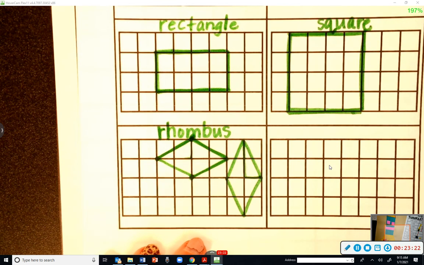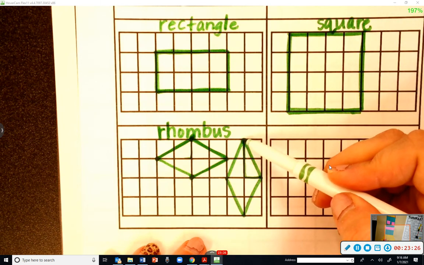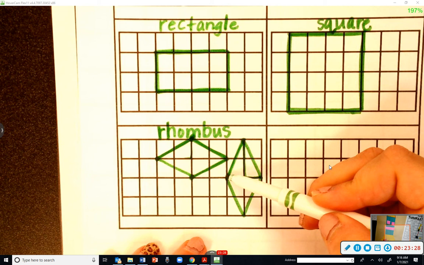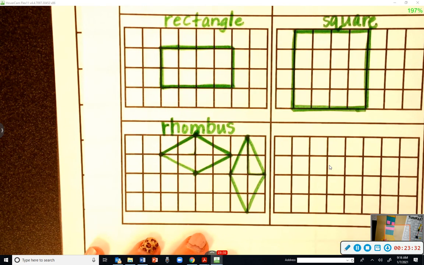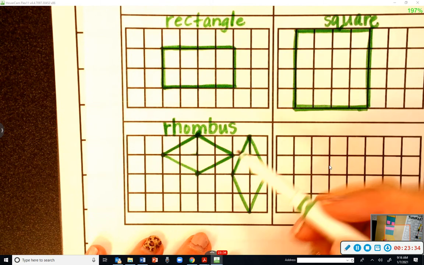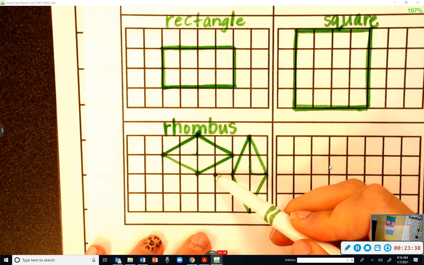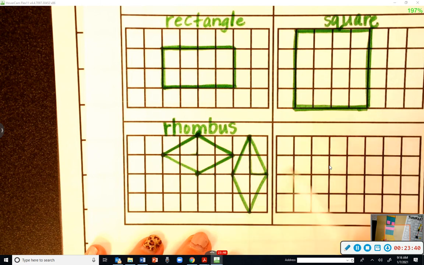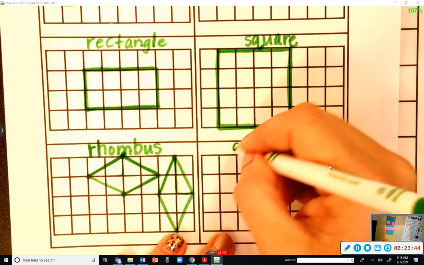Okay, does that make sense? Use those squares to help you, so I just went down 2 squares instead of down 1. You could have made it wider. You could have gone way over here and then down.